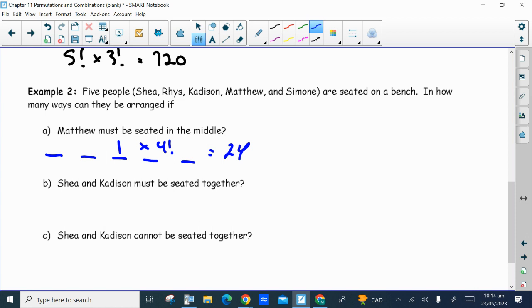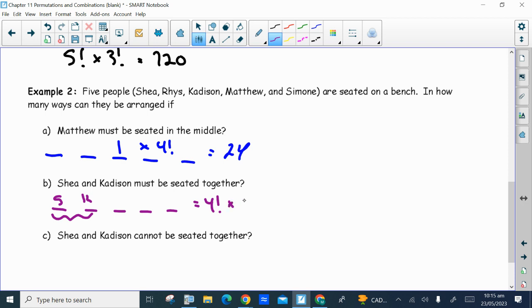What if Shay and Caddison must be seated together? So again, whenever we have objects that must be kept together, they count as one object to be arranged. So those 2 people count as one object to be arranged, plus the remaining 3 gives us 4 objects to be arranged. They can be arranged in 4 factorial ways.